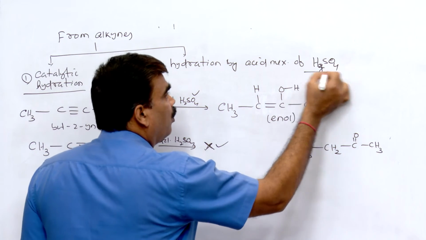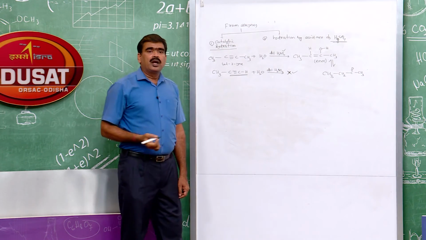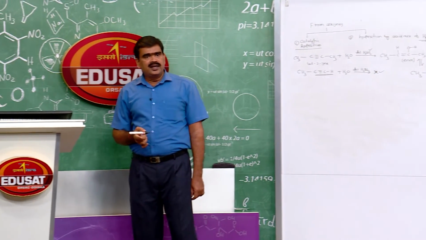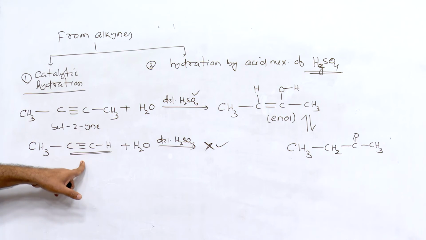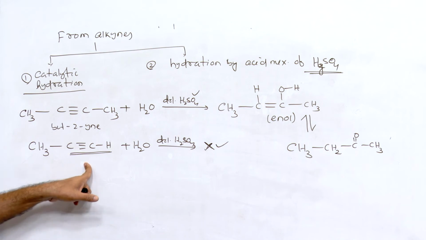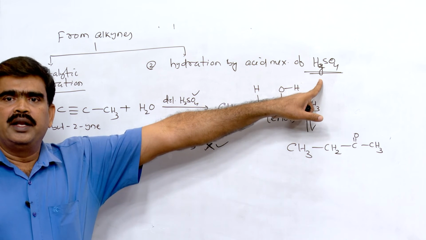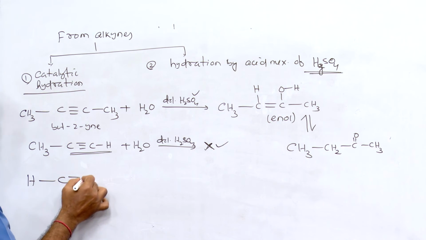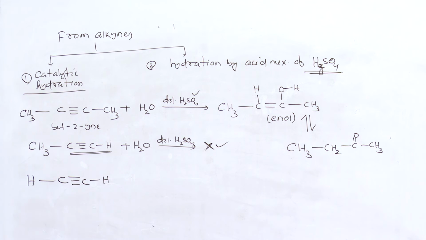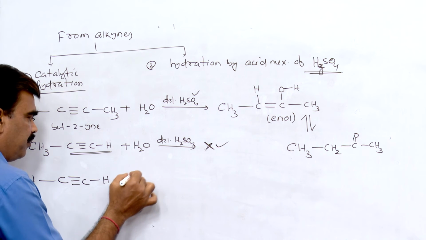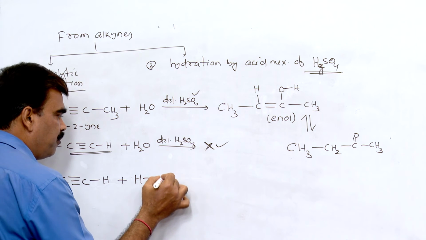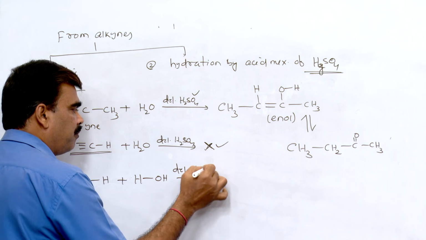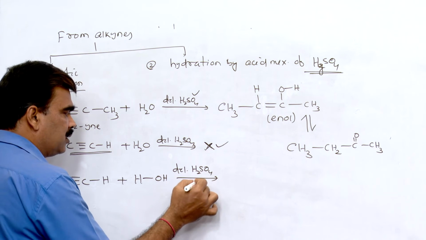But if you do the reaction using mercuric sulfate and dilute sulfuric acid, you can prepare ketones and also aldehydes by using these reagents. देखो, if I take acetylene and add water, the catalyst here is dilute sulfuric acid and mercuric sulfate.